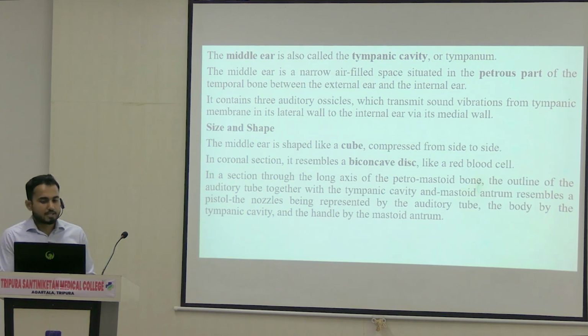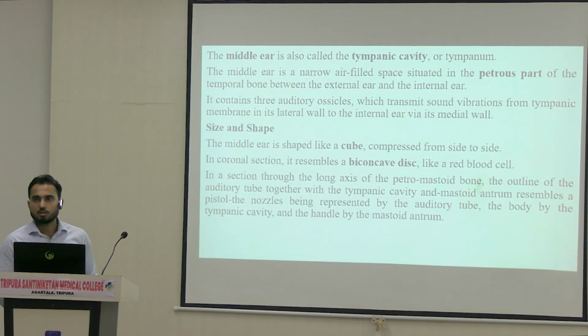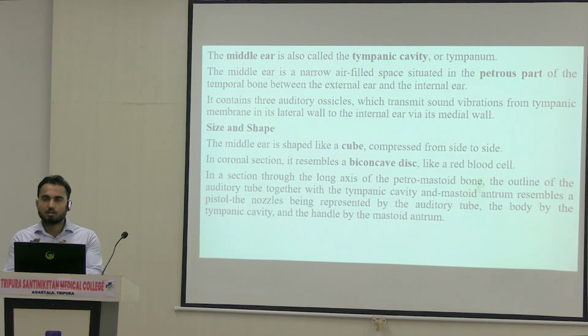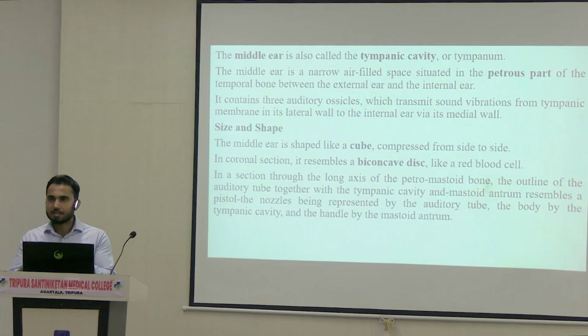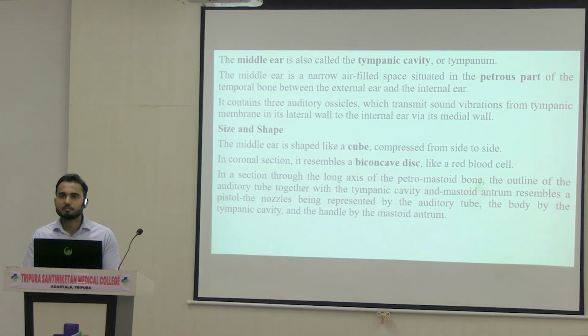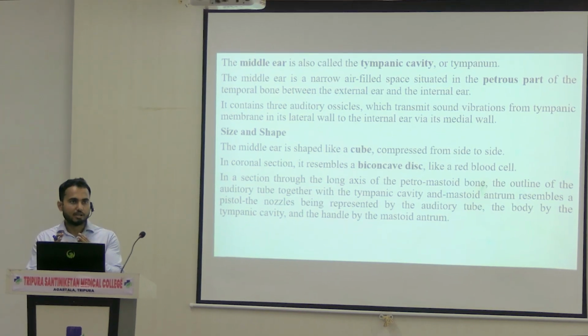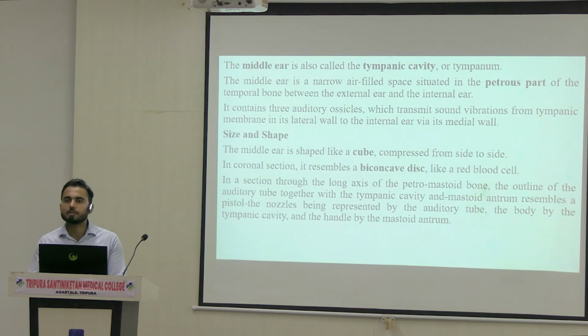Next, the size and shape, this is very important to see. The shape of the middle ear is just like a cube which is compressed from side to side. Without taking any section, as a whole, the middle ear cavity is just like a cube, but the cube is compressed from both sides. Just imagine you have taken a cube in your hand and you are compressing it from both sides.